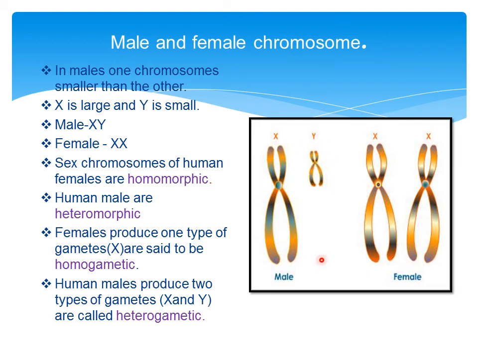So a human male is heteromorphic as well as heterogametic, whereas a human female is homomorphic and homogametic. So these are some new terms you should remember.